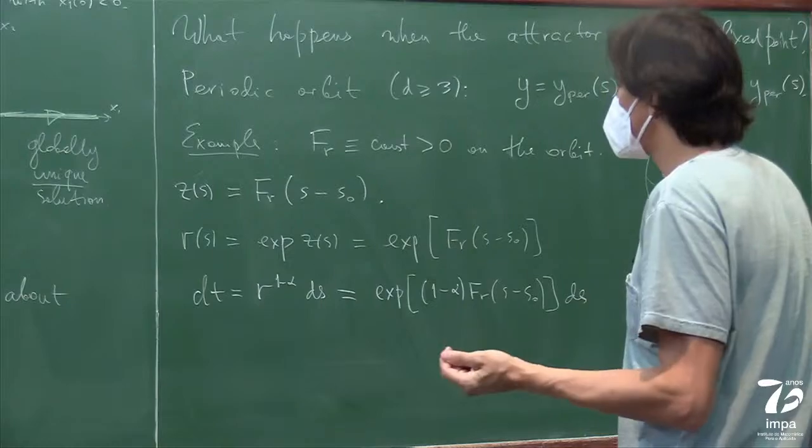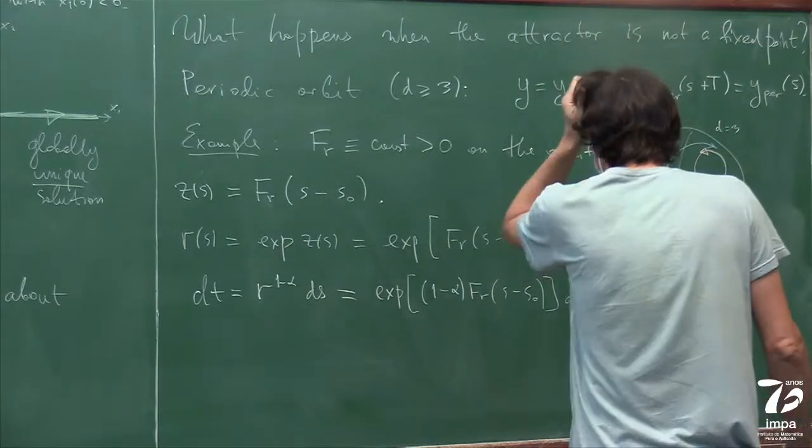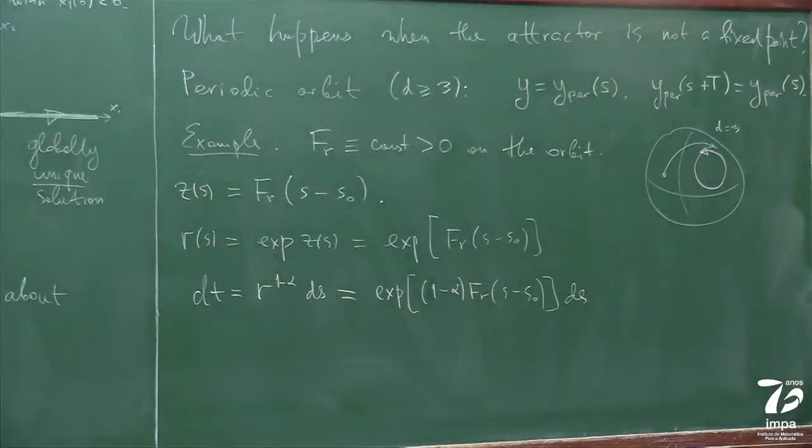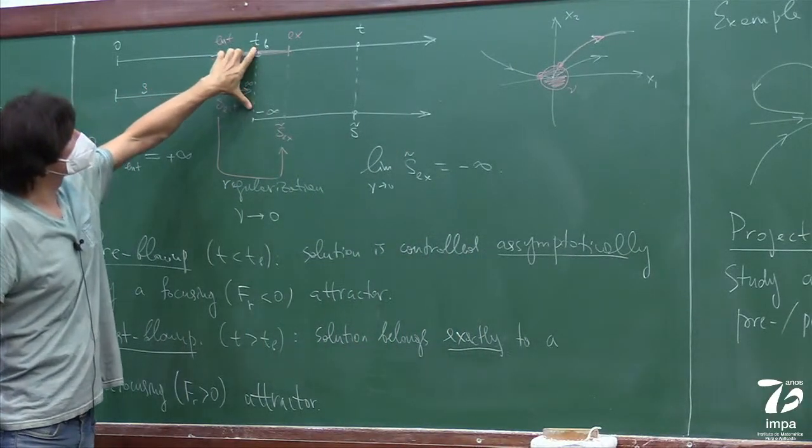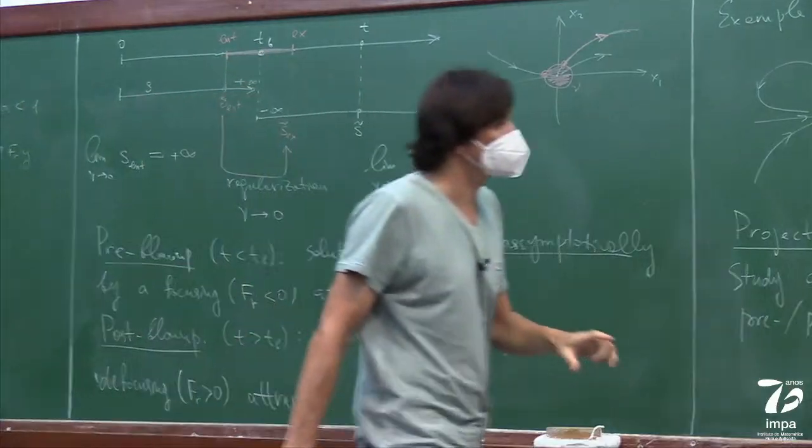Now we have to integrate. Remember how we integrated in the post-blow-up dynamics: t_B corresponds to s equal minus infinity. This gives us the integration constant.